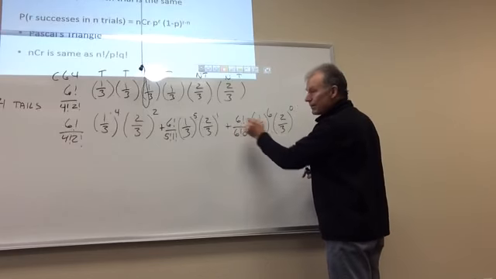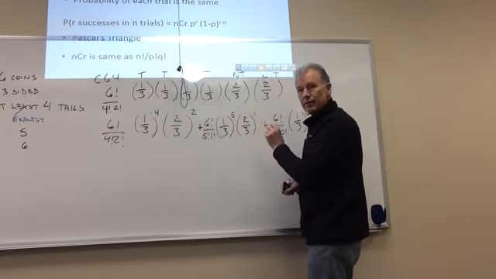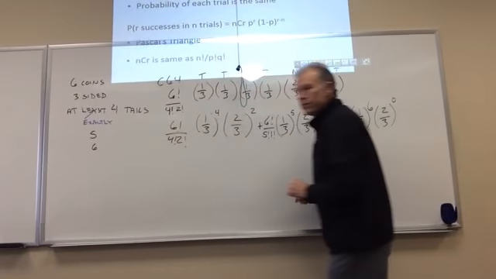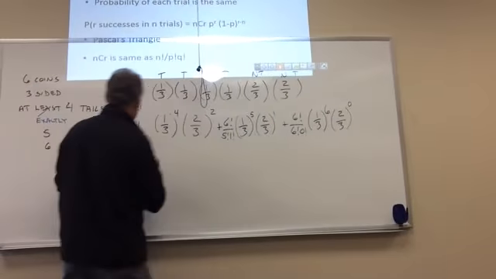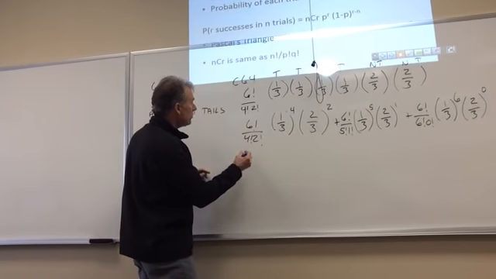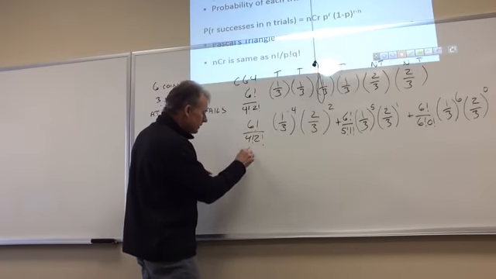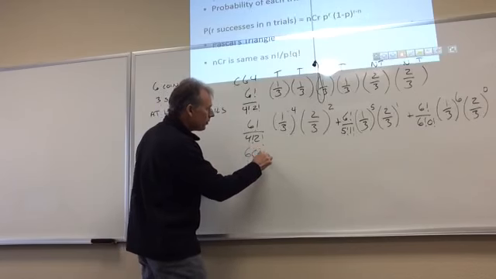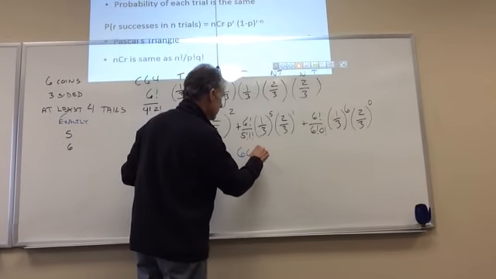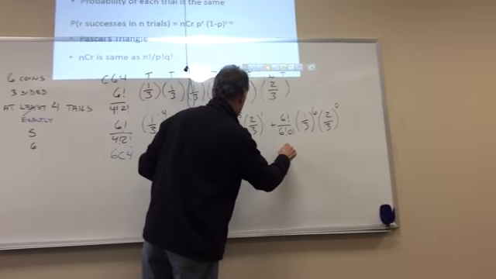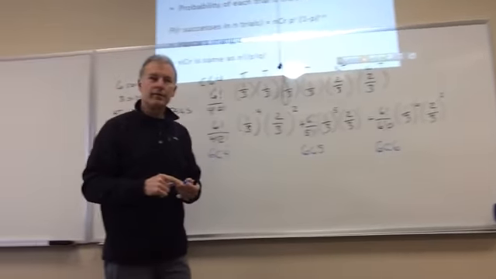Those two numbers will add up to be that, right? These add up to be that. These add up to be that. So there's all kinds of nice little patterns here you can use to check yourself. And again, if you choose not to do the permutation approach, you can go 6, choose 4. Here you can go 6, choose 5, and 6, choose 6. Okay?